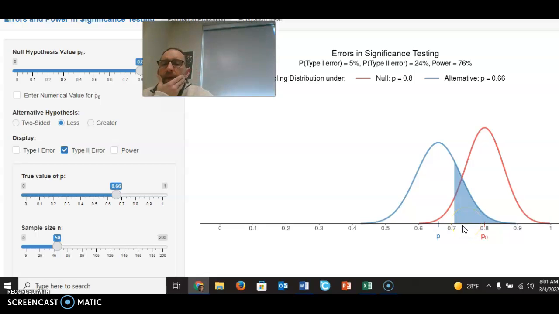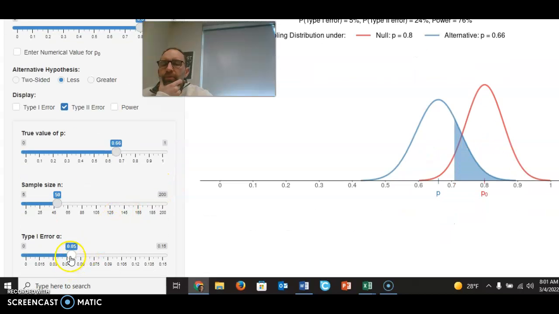Now let's investigate what happens as we alter alpha. Alpha, or the probability of a type 1 error. So if we make it more likely to make a type 1 error, more likely to reject the null hypothesis, say our alpha level is 0.08, then that's going to make it less likely that we fail to reject.